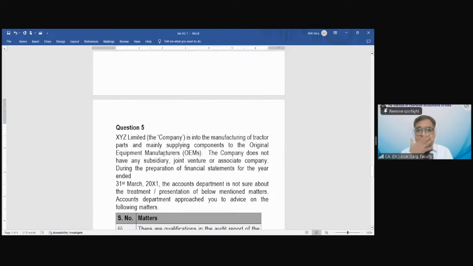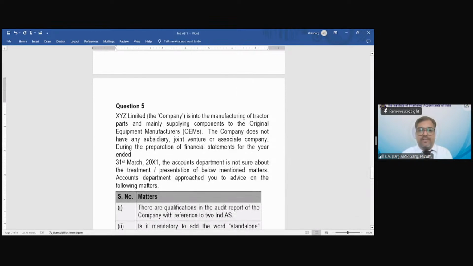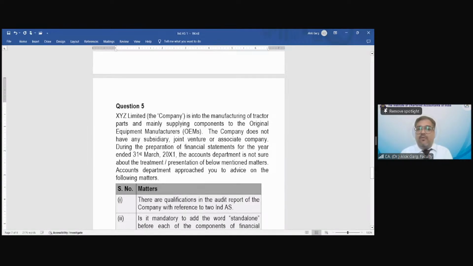XYZ Limited, the company, is into the manufacturing of tractor parts and mainly supplying components to the original equipment manufacturers. The company does not have any subsidiary, joint venture, or associate company. During the preparation of financial statement for the year ended 31st March 20x1, the accounts department is not sure about the treatment or presentation of the below mentioned matters.